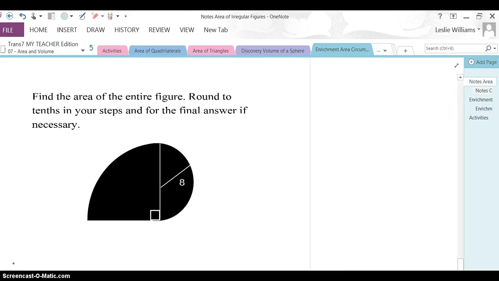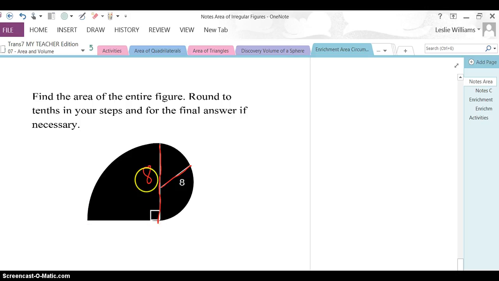In our last problem, you're going to find the area of a quarter of a circle plus a half a circle, and we're going to use this radius of 8 to determine the radius of our quarter circle. So if the radius is 8 of our half circle, then the diameter of our half circle is also 8, and the diameter of the half circle is the same as the diameter of our quarter circle.